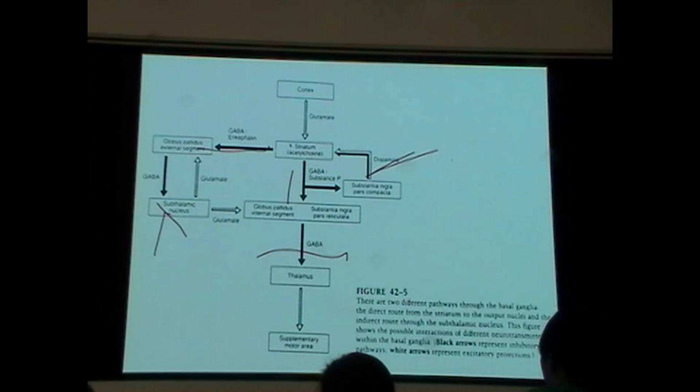This in turn excites the globus pallidus interna, causing it to increase its GABA output to the thalamus and reducing the amount of movement.